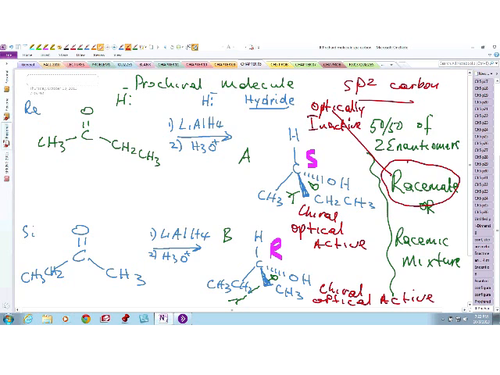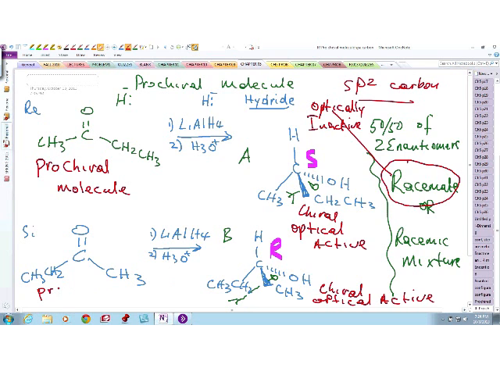Anyway, so the point here, when you have this molecule, we refer to this molecule as a pro-chiral molecule. Because when we take a pro-chiral molecule and perform this reaction, then you get a chiral molecule.